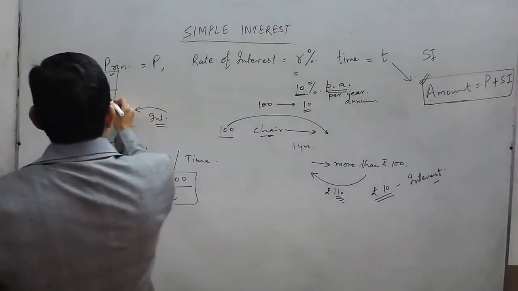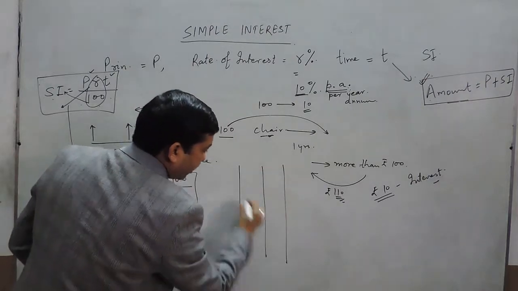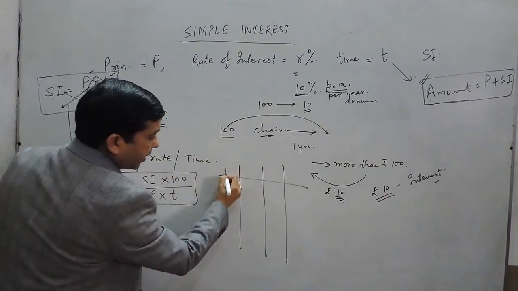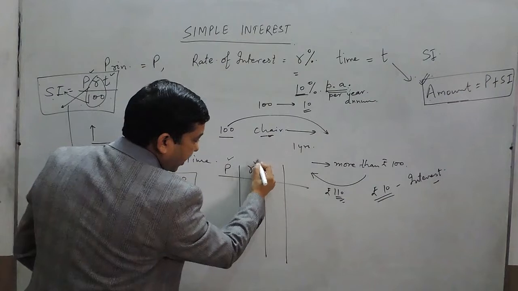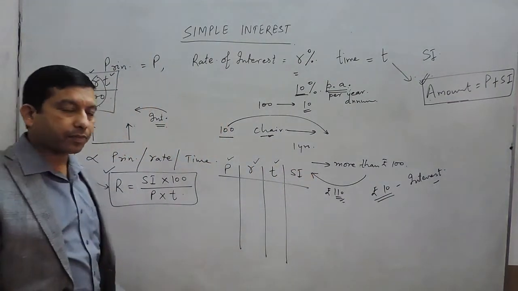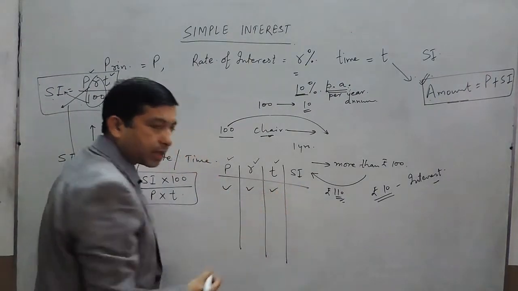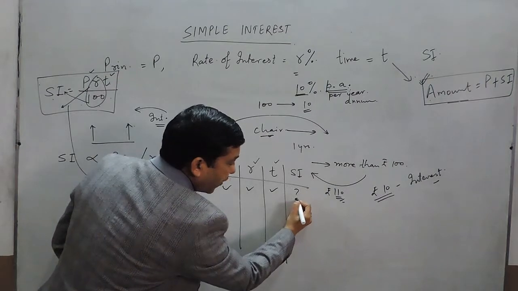If we talk about this formula, we can put it like this. There is a term principal, a term rate, a term time, and a fourth term simple interest. Normally out of these four, any three things are given to us and the fourth we have to find out.